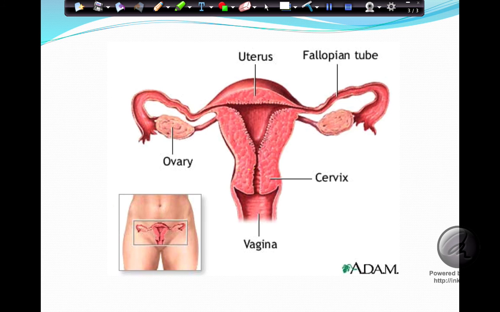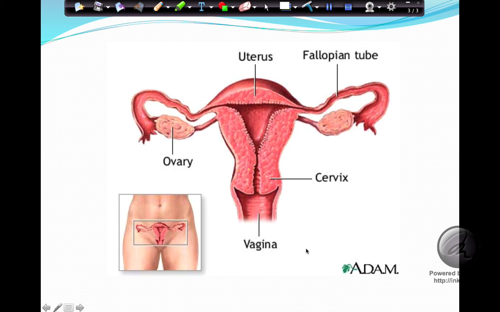Here is the female internal anatomy, and these are going along with pages 78 through 81 in your textbook, if you're following along. We're looking at this head on, so you can see down here the boxed off view of the female.